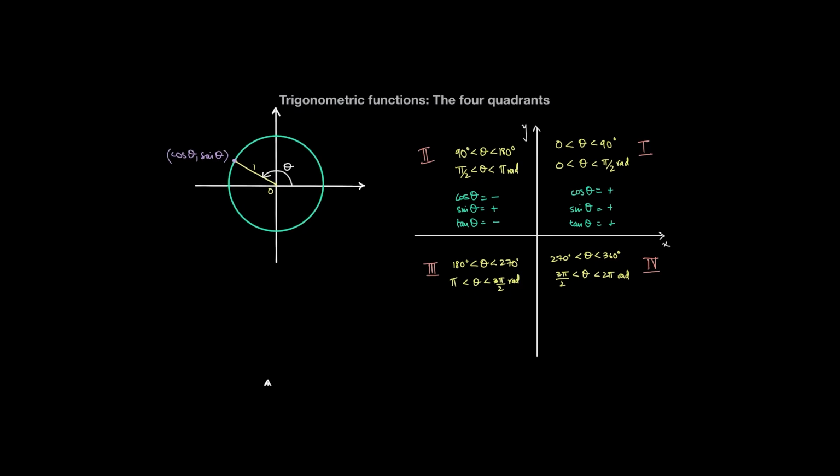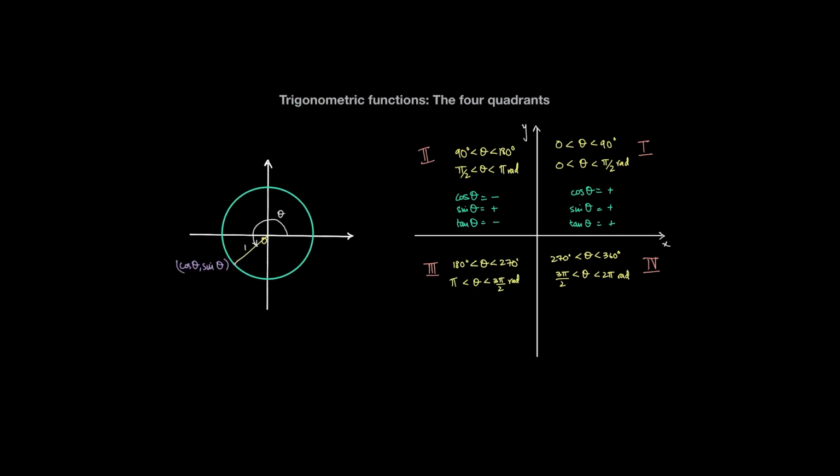Next, if theta was in the third quadrant, in other words, an angle theta between 180 and 270 degrees, or between pi radians and 3 pi over 2 radians, we can see that the x-coordinate of the point on the unit circle is negative, and the y-coordinate, which is sine of theta, is also negative.